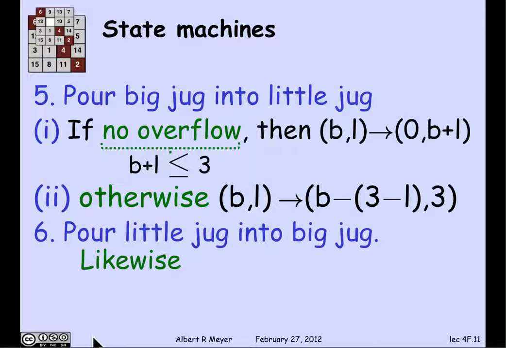And similarly, there are moves for pouring the little jug into the big jug. So that then is a formal specification of the Die Hard machine and the moves that we're going to allow. Now, you could allow other moves like randomly pouring out a little water or randomly filling up a little water, but if you did that, again, you'll lose track of how much water is in the jug. So these are the only safe moves, and they're the only ones we're going to model.